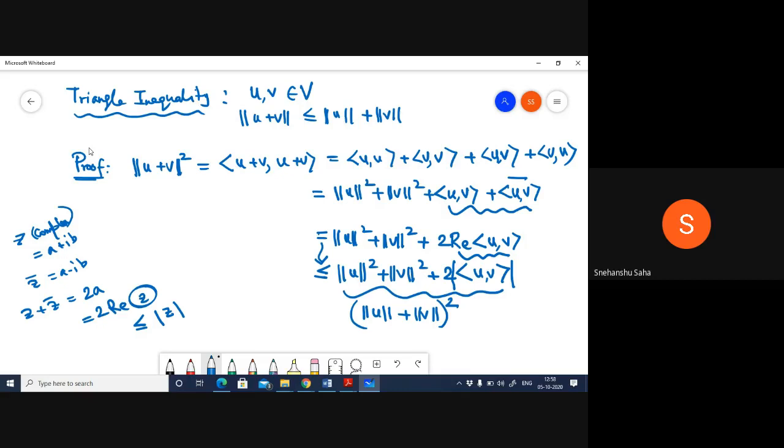Can you tell me why? I actually intentionally skipped a step. Can you tell me how can I write this in this manner? And the inequality will be preserved. Anyone? Just think about it, okay?